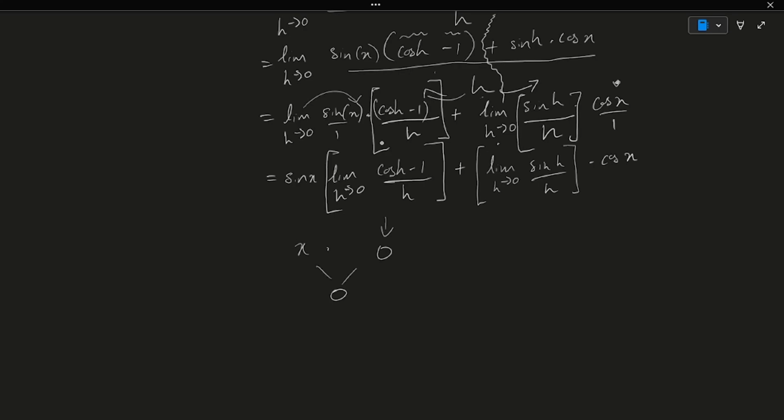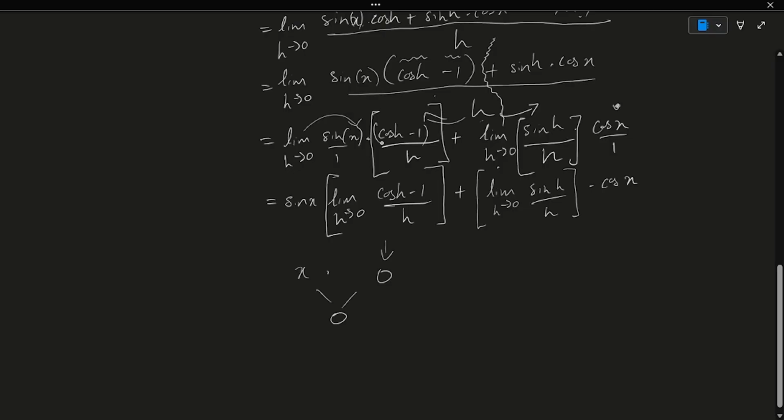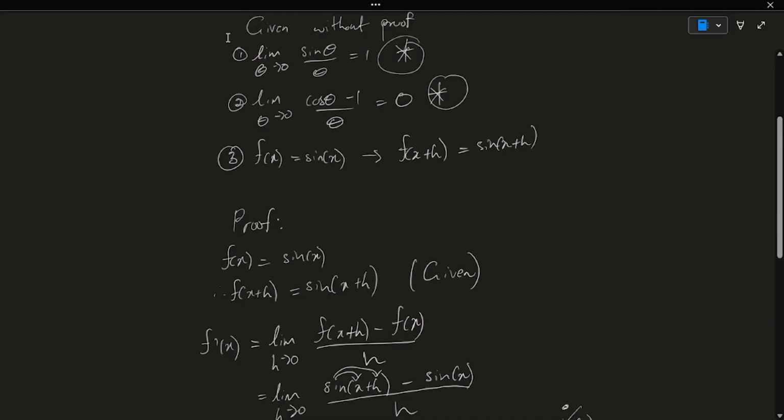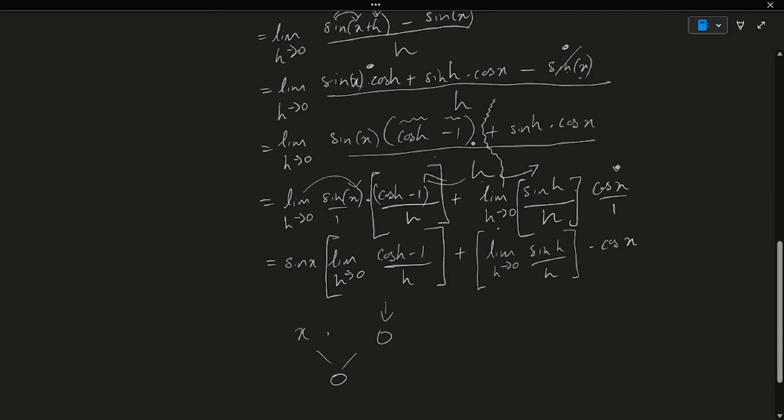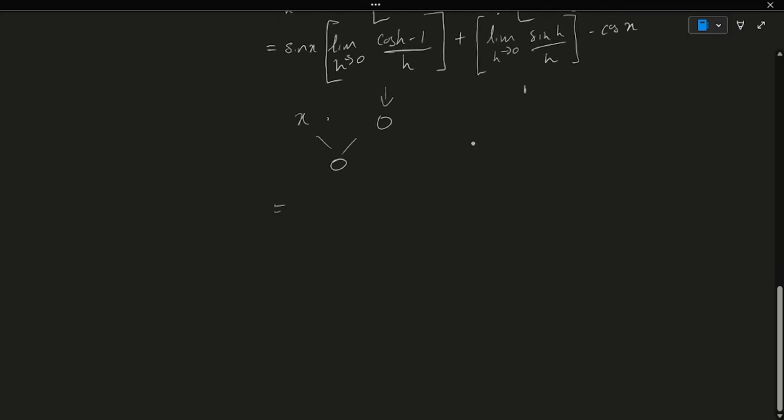And then this is the limit as h approaches 0 of sine h divided by h, which is the first given, which is the limit as theta approaches 0 of sine theta divided by theta, and then can be replaced with 1. So this is 1, right? And then anything multiplied by 1 is itself. So this means that we will have a 0 here plus cos of x, which is just equal to cos of x. So therefore we can conclude that the derivative of sin x is equal to cos of x.